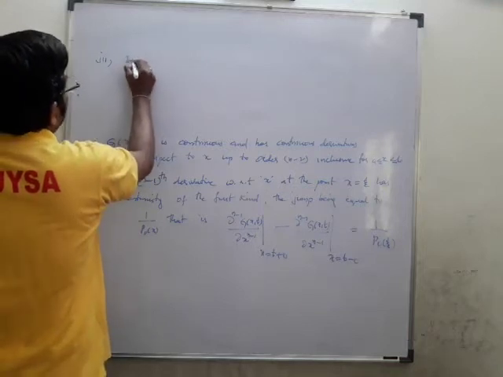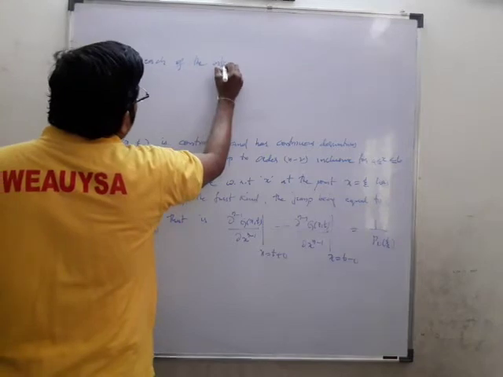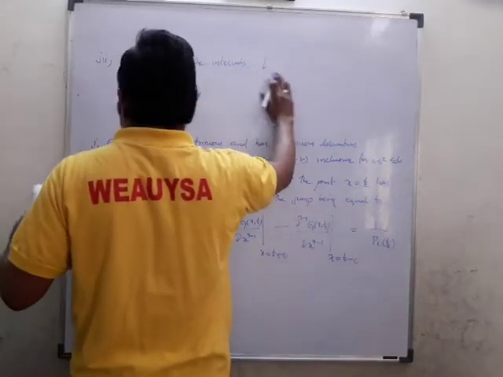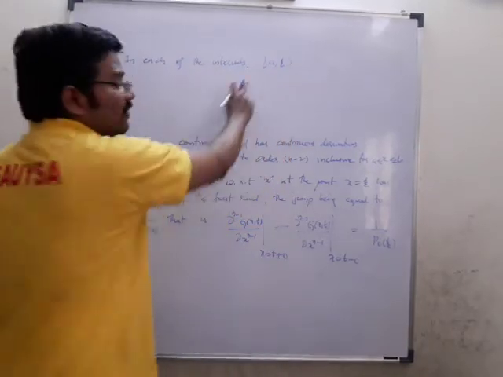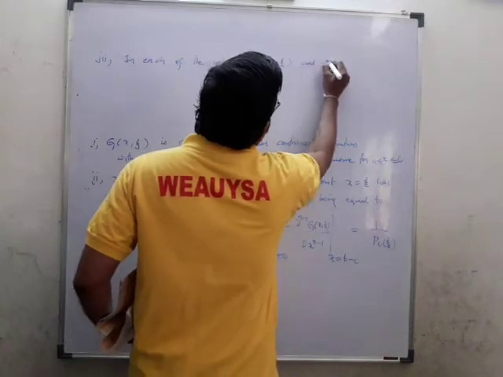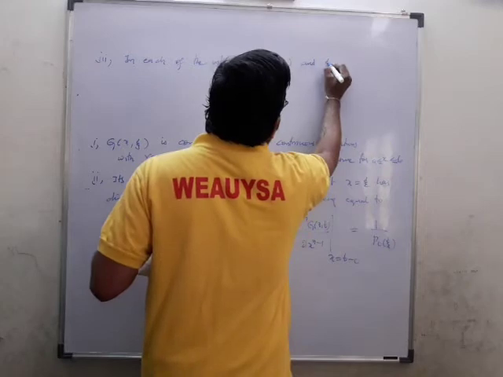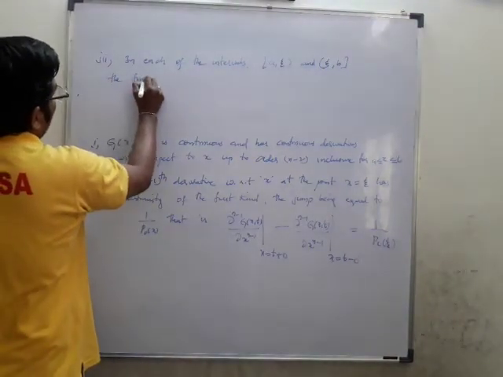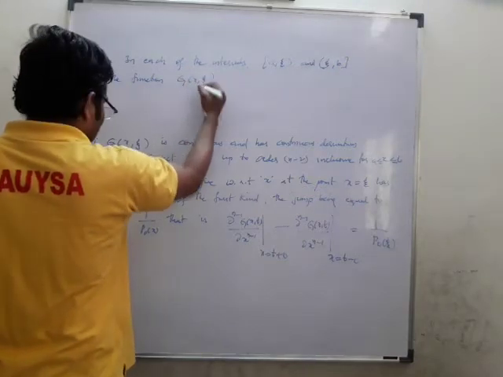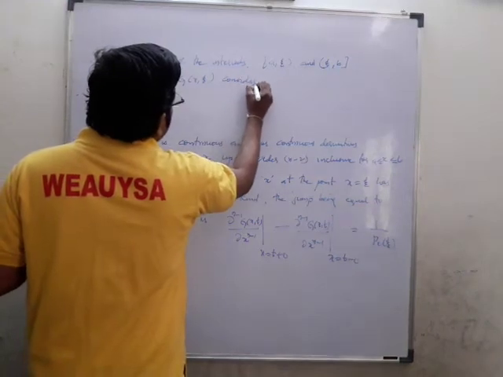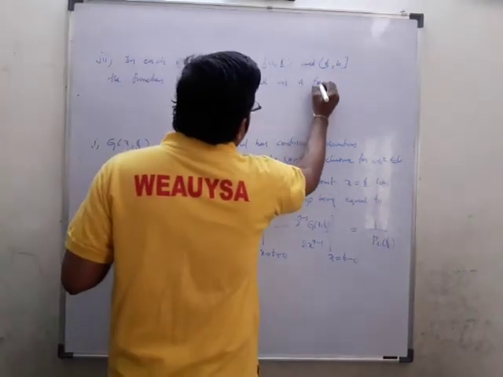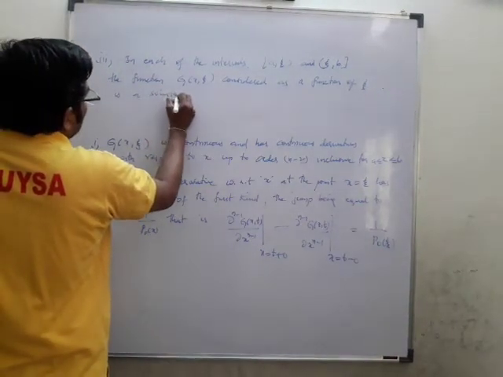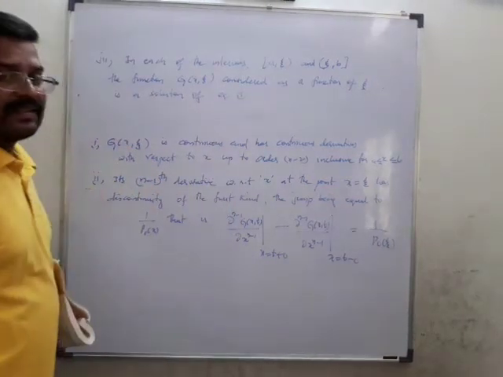Third property: in each of the intervals a comma xi, which is open at xi and closed at a, and xi comma b, which is open at xi and closed at b, the function g of x comma xi, considered as a function of x, is a solution of equation 1.